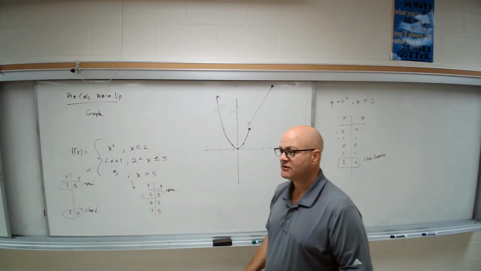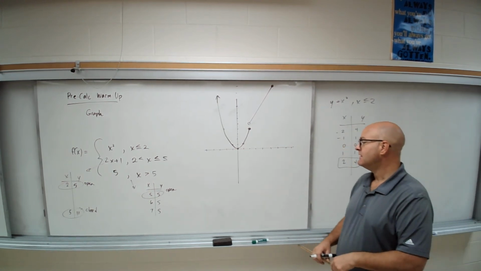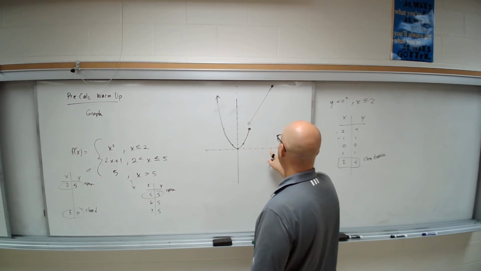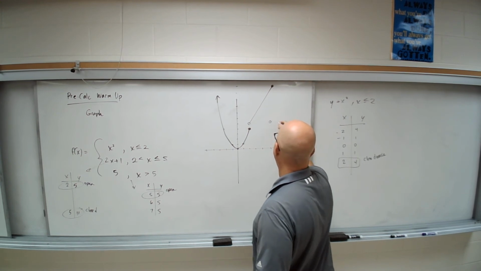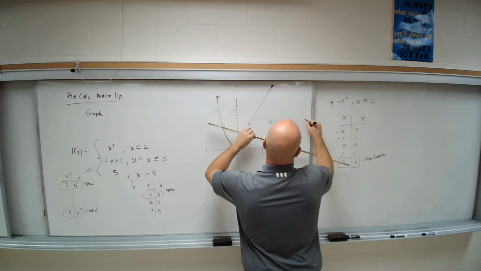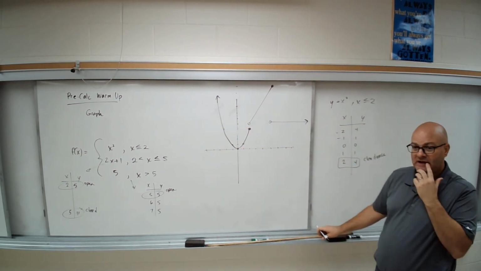Then we know all the outputs are 5, because that's what that function does, right? Every output's 5. So we have a point at 5, 5, which is open, and then it shades to the right. So that's what our piecewise function would look like here.